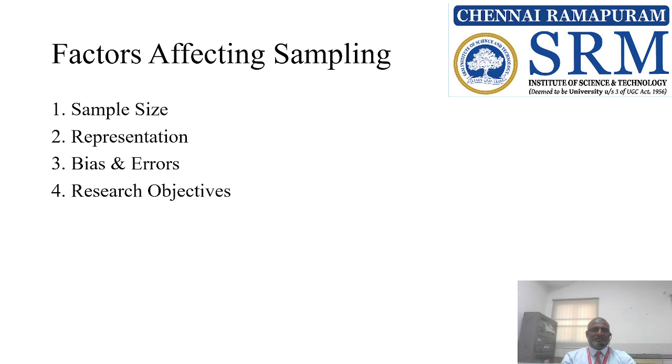Next one is bias and error. High bias and high error will affect the research. When we go for selecting a non-probability sampling technique, then we may have this bias or error.